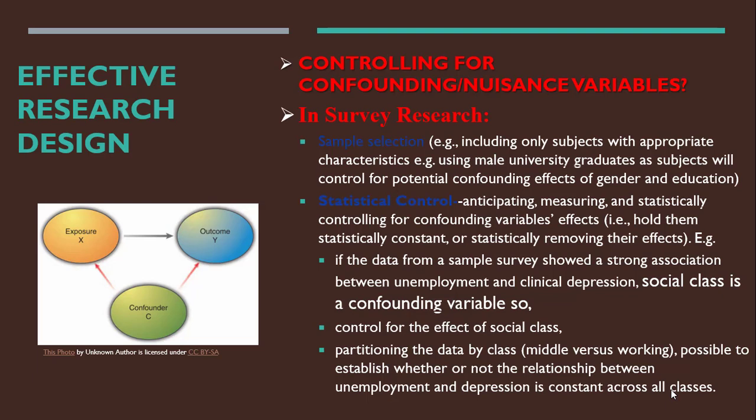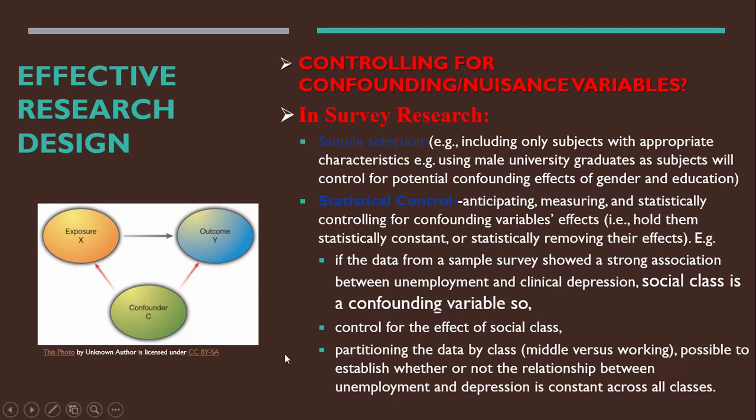When we are doing our research, we might need to control for some other aspects of their life in terms of their background, their previous university, the socioeconomic background and things like that.